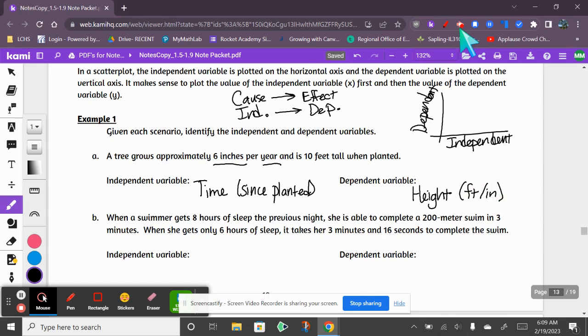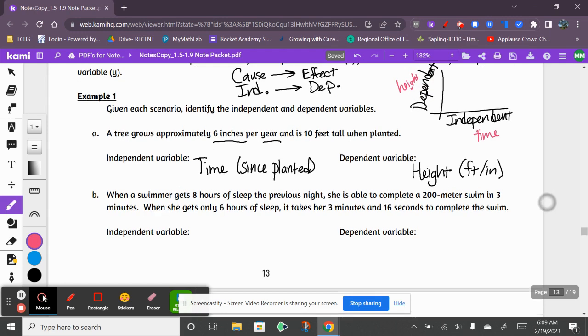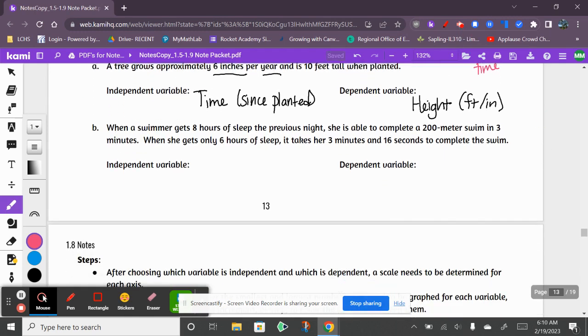So if you think of it like this, the time determined or affected what the height was. This determined that.